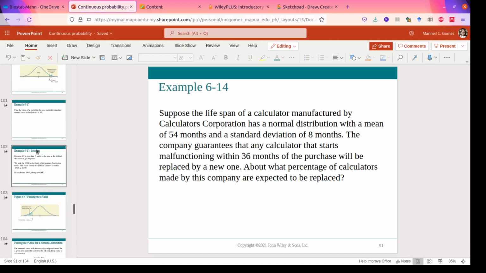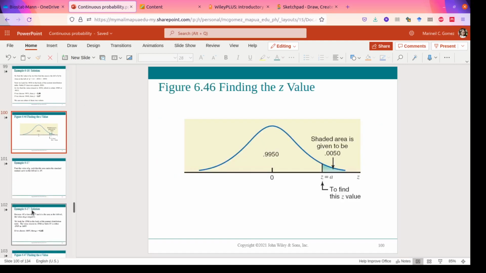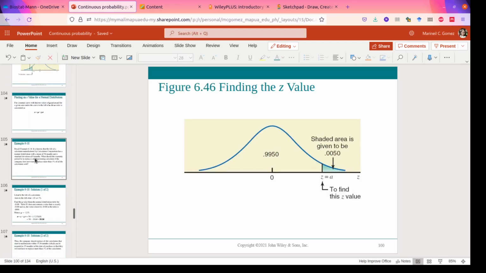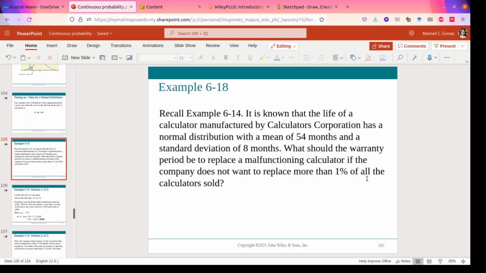Of the calculators they manufacture, they only want to replace 1% or less. So that means what should the warranty period be such that 99% of the calculators must still be functioning, because it's 1% of the time.